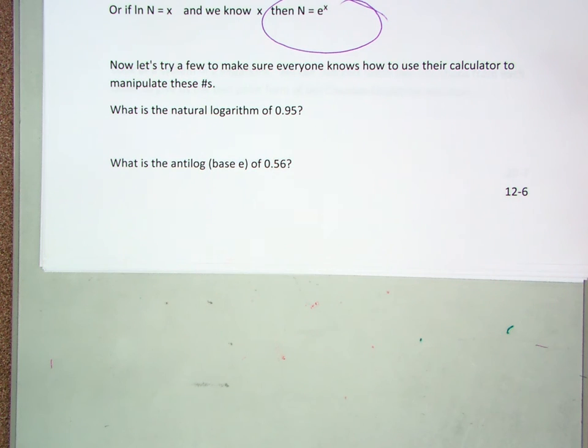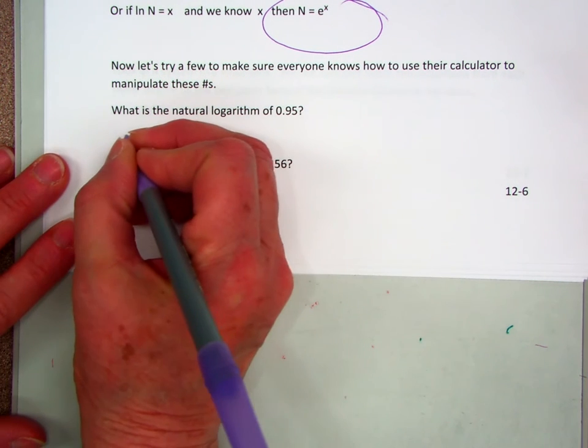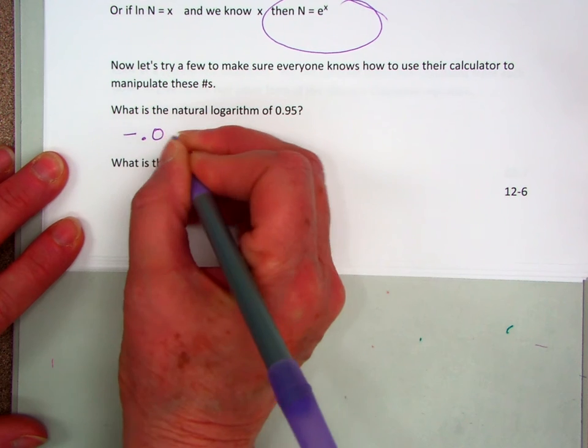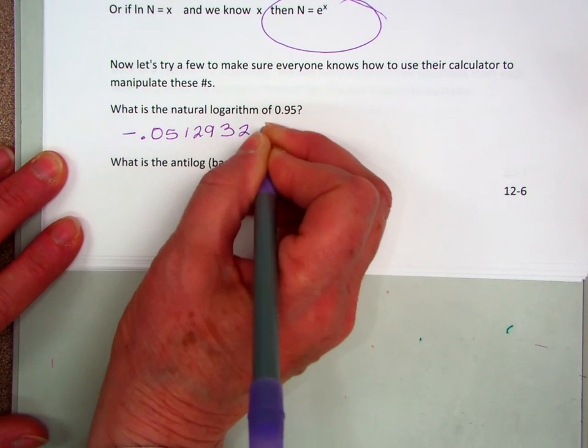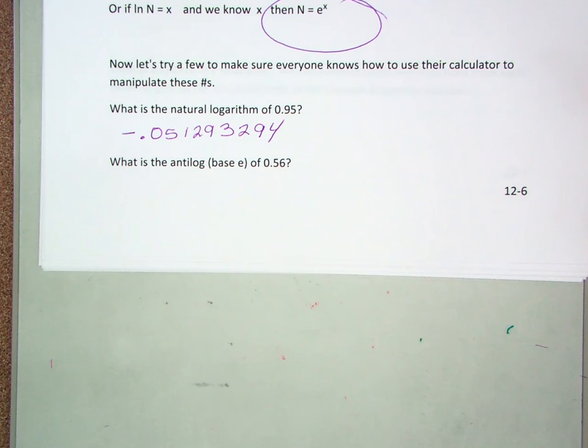Go ahead and work with yours to figure out how yours works. Did you get what I did? Negative 0.051293294. Is that what your calculator says?